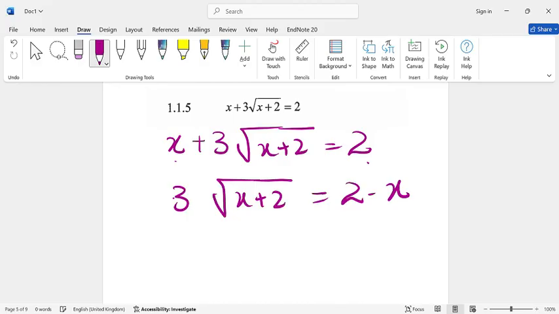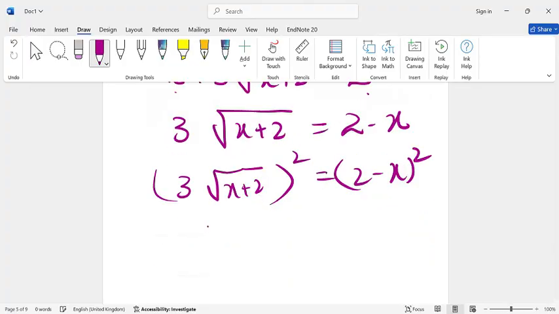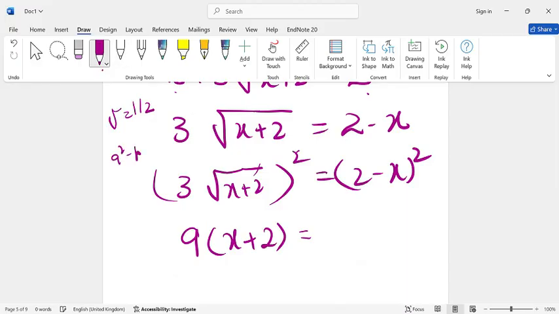All right. Now I'm taking the square on both sides. So the value is 9 into (x plus 2), as you know the square root squared cancels out. And the right side is a square, and as you know the formula (a minus b) whole square equals a square plus b square minus 2ab.